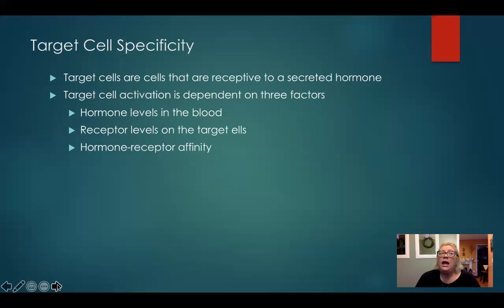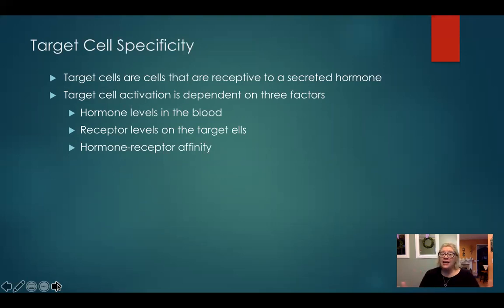So if we have a hormone that is produced in the brain, and it needs to bring about changes in the kidneys, well, there has to be some sort of sign or signal in those specific kidney cells that is going to attract that hormone as it travels through the circulation.